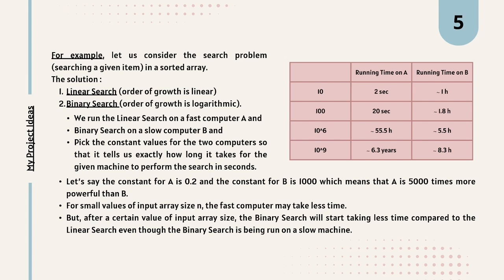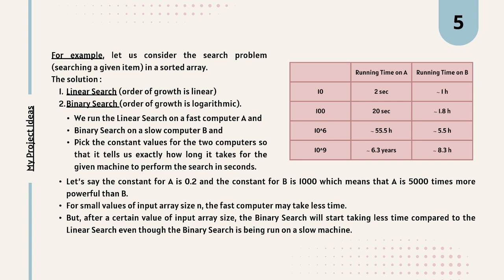But don't forget, my friends, I have given you that the array size is 10. I told you that I have given a limited input size. So keep in your mind that it's for a limited array length. If I increase the array length to say lakhs, maybe the running time on B is much faster. You never know.